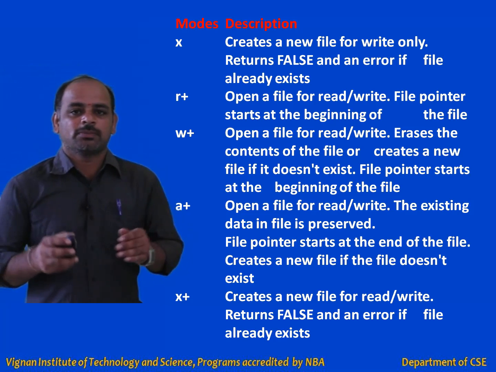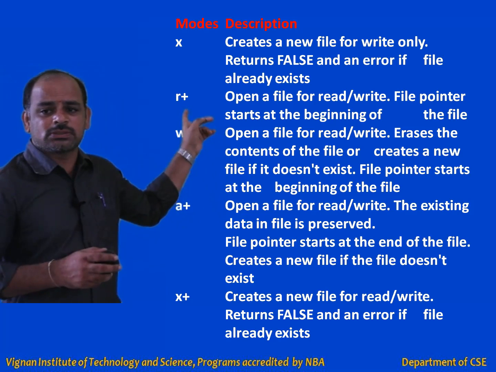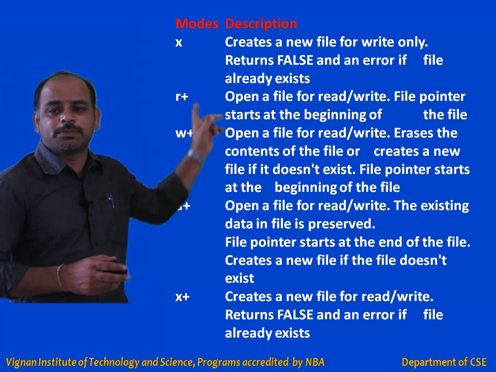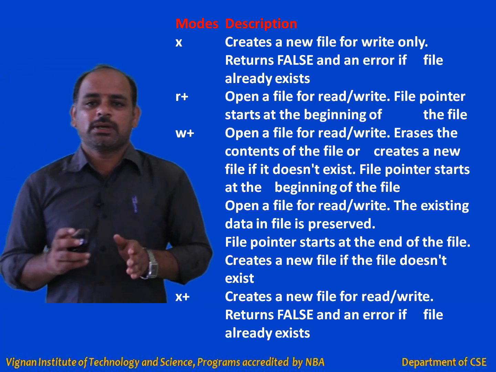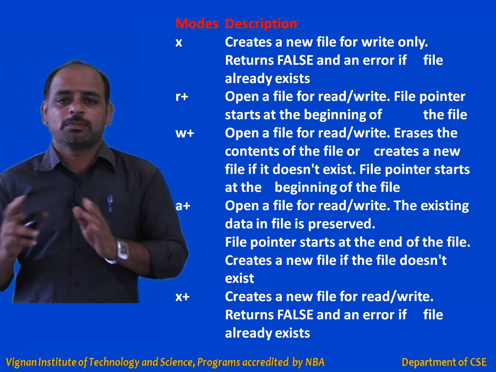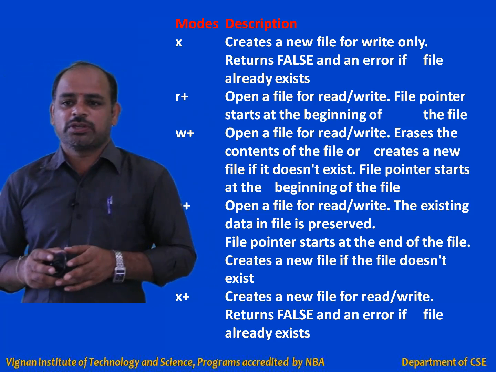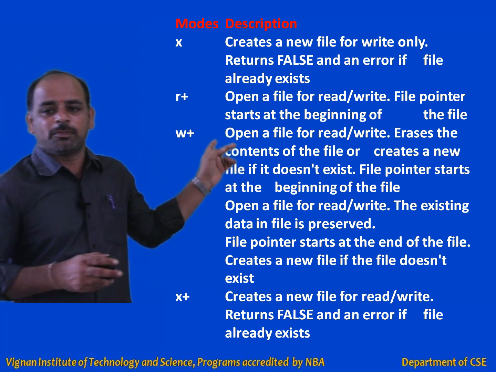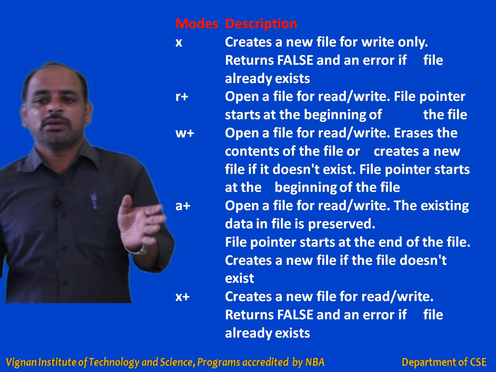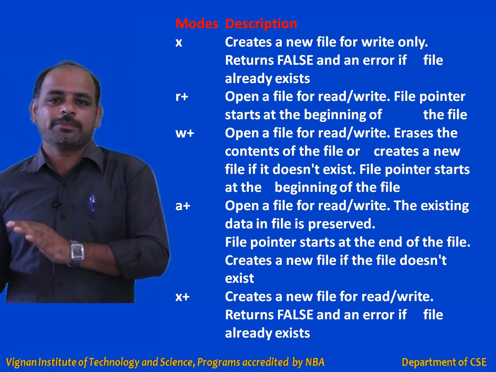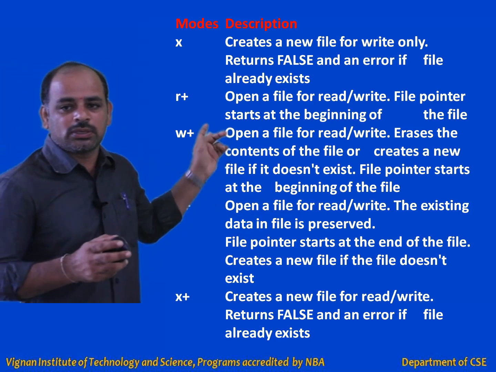There are some other modes: R plus, W plus, A plus and X plus. R plus means if you want to open the file simultaneously to perform both read and write operations, then you have to use the R plus mode. And if you want to perform the same read and write operations, you can use W plus.